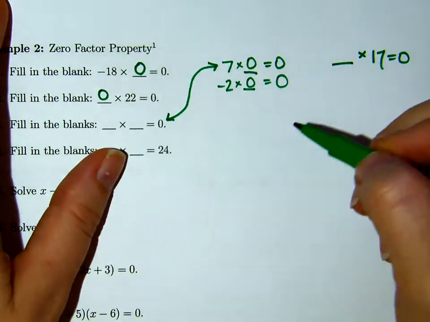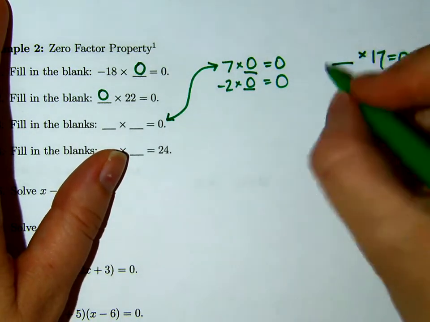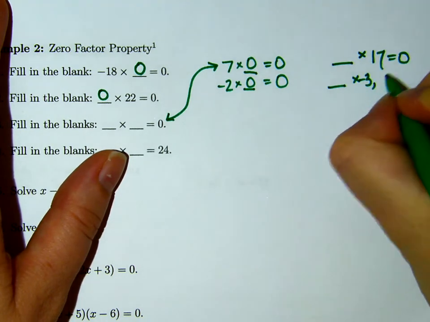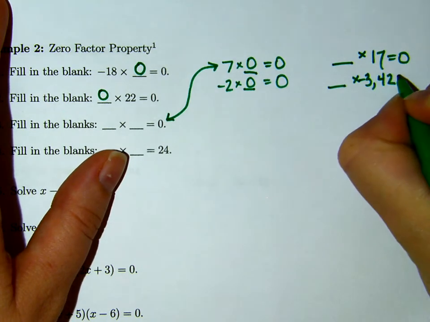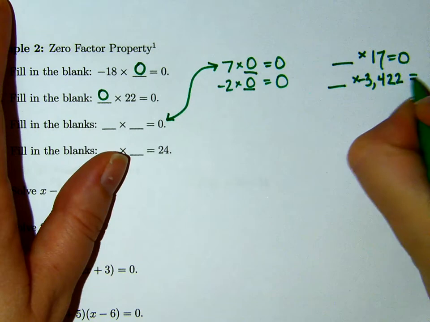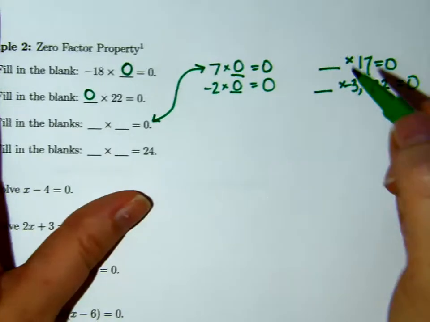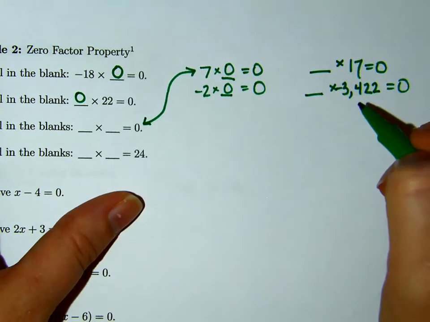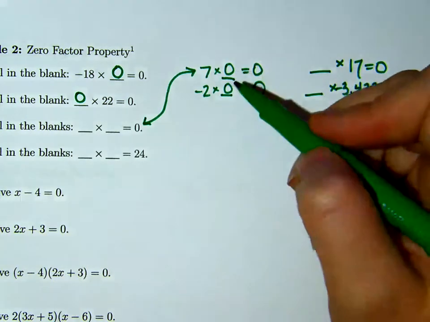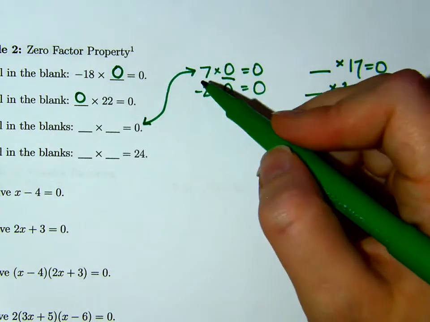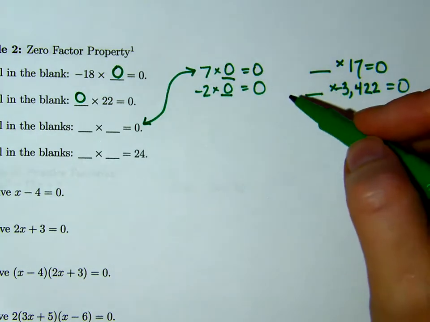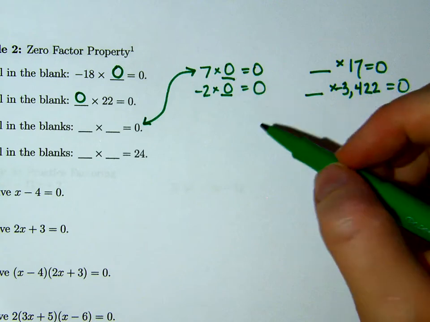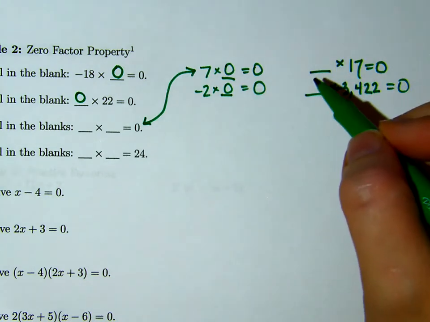Or I could do something like 0 times negative 3,422 equals 0, right? As long as I have a 0 here, it doesn't matter what I put over here. And as long as I have a 0 in the second factor, it doesn't matter what I put in the first factor. So either the second factor needs to be 0 or the first factor needs to be 0.